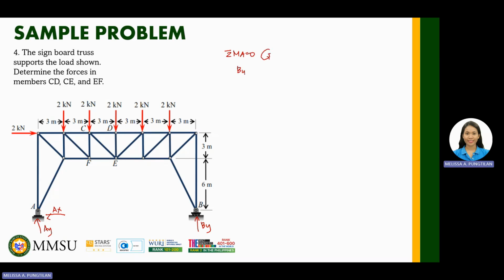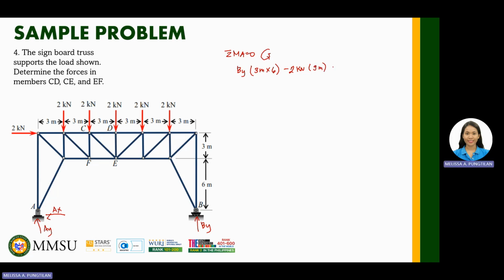So, we have BY multiplied by moment arm ng BY. 1, 2, 3, 4, 5, 6. So, 3 meters multiplied by 6. And then, yung mga external forces natin, starting here at 2 kilonewton. So, minus 2 kilonewton by the distance of 3 plus 6, 9 meters.